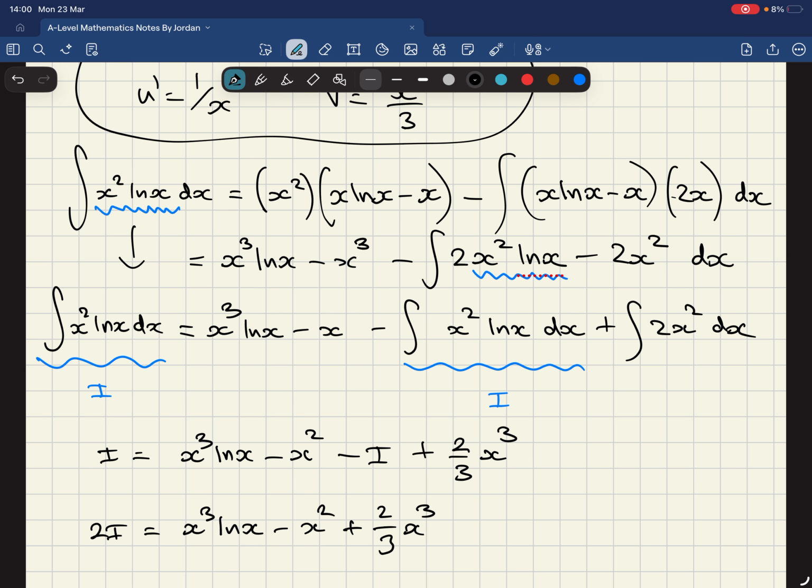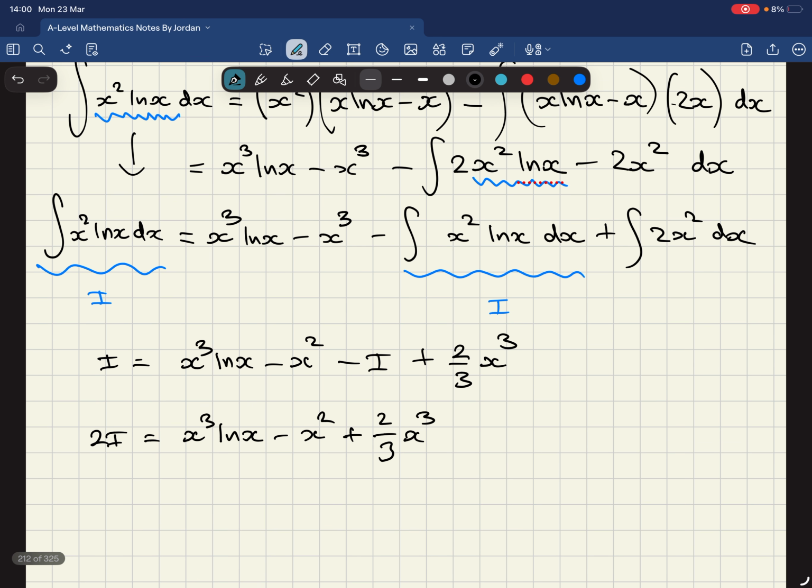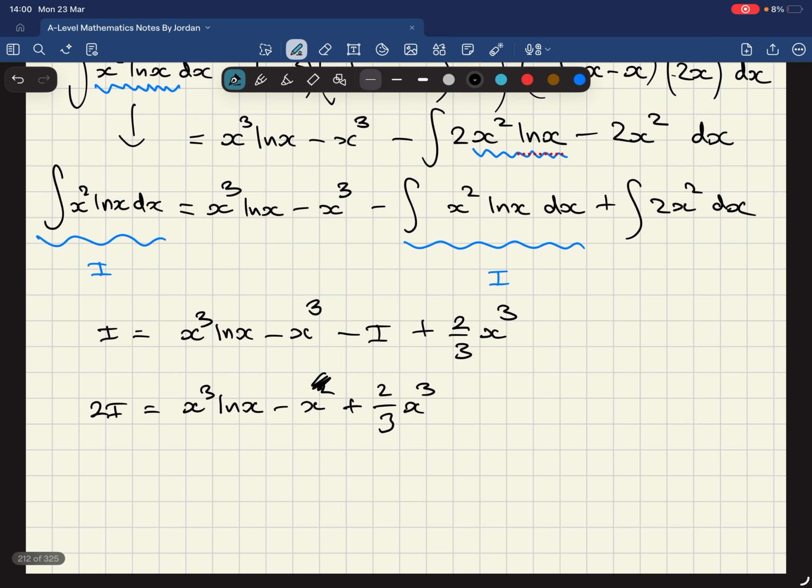I don't know why I've done that. There we go. If any time I do make an error, please do let me know, because it does happen. So you should see here, these are like terms here. Okay, so that's minus 1 plus 2/3, or just minus 1/3 x cubed.